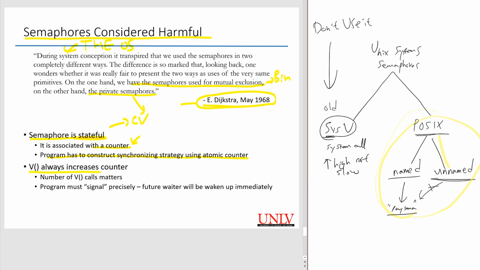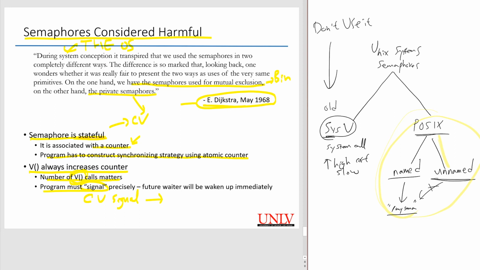V, the increment operation, always increases the counter. So the number of V calls matters. You cannot say this when you're dealing with condition variable signal. Condition variable signal doesn't remember anything. So at the point of signaling, if there's no waiter, then the signal gets lost. But with semaphore, the number of V calls gets remembered.